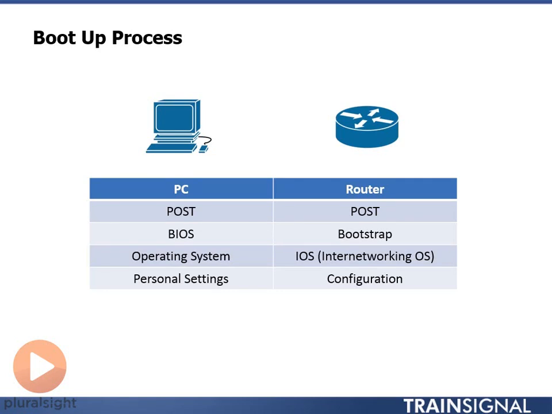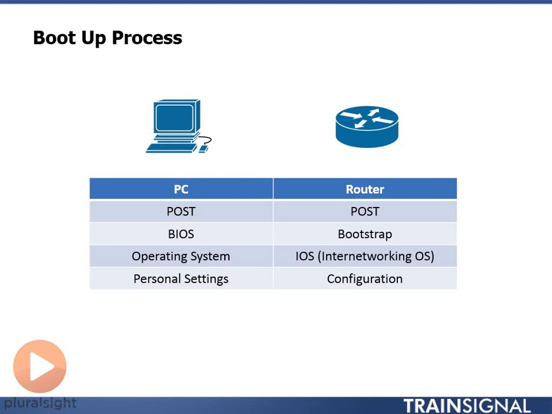It loads a very minimal set of instructions into memory that can then be used to call the operating system on the PC. So once BIOS loads, it finds the operating system, and it does that through looking through all the drives on the PC. And you, as the user, get to specify the order that your PC looks through the drives to find an operating system.